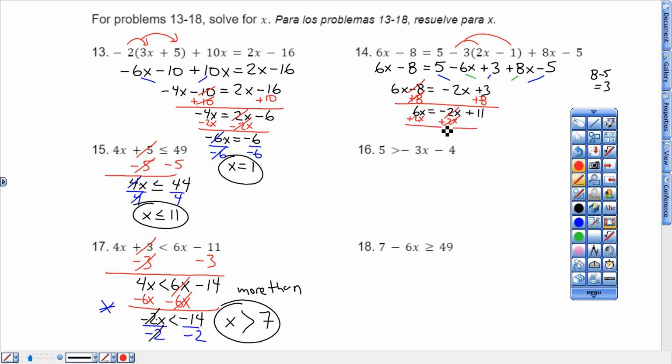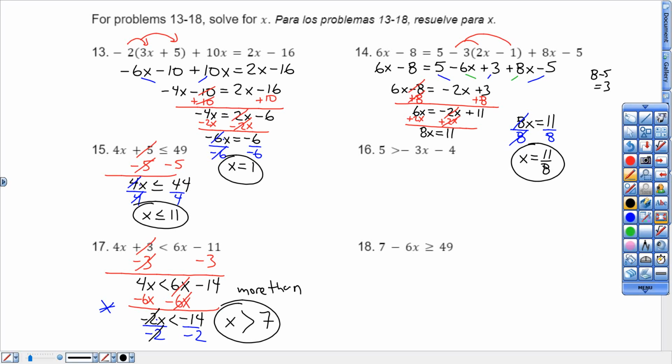That will give me 8x equals 11. And then to keep my work vertical here, to show you on the side, the opposite of timesing by 8, dividing by 8. So that gives me x equals 11 over 8. Or if you unmix that, x, I believe, is 1 3/8.